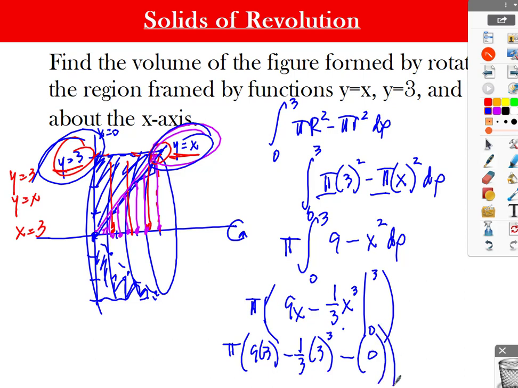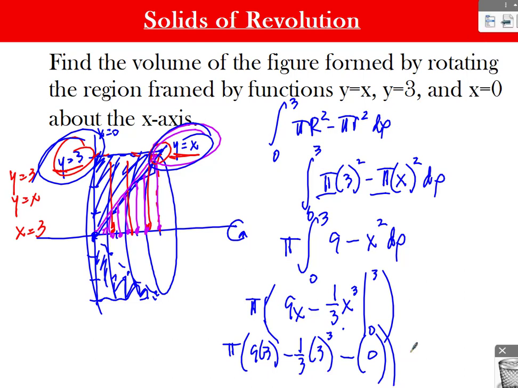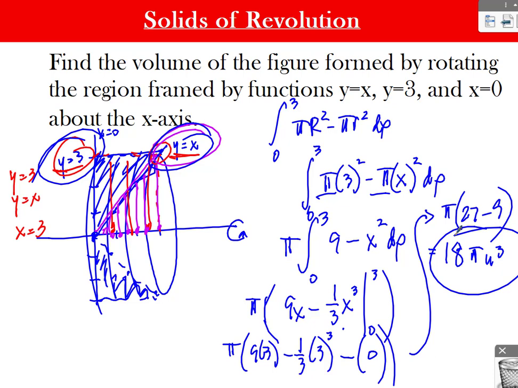Anytime you substitute in 0, if it's not a trig integral, it's always going to be 0. You're always adding an exponential power of x. So it's going to be pi times 27 minus 3 cubed is 27. 1/3 of that is 9. So it ends up being 18 pi units cubed.